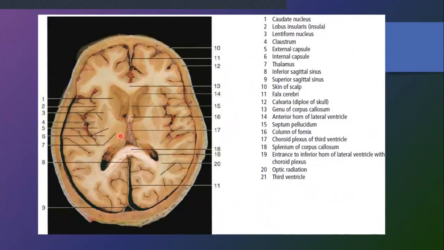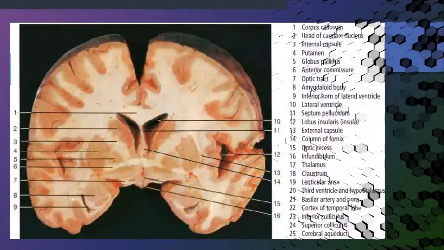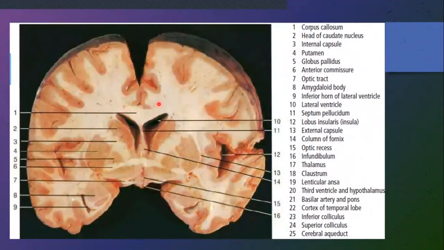Okay, then, those are maybe parts. You can look at the answers if you want to know the other parts. Then let's look at the same. This is the corpus callosum here. This is your septum pellucidum. This is your fornix.